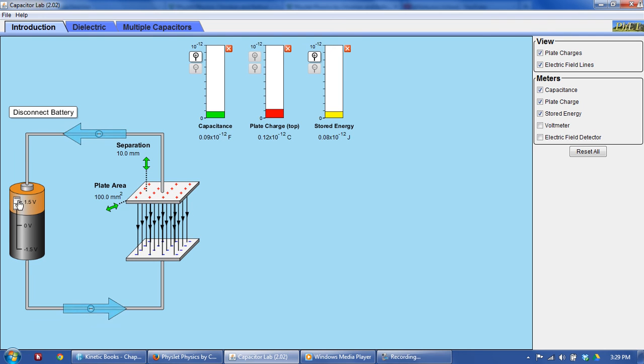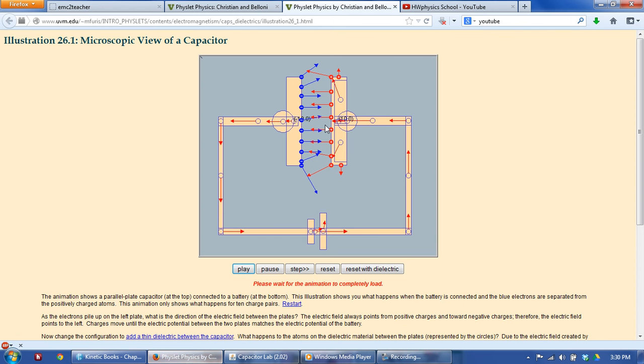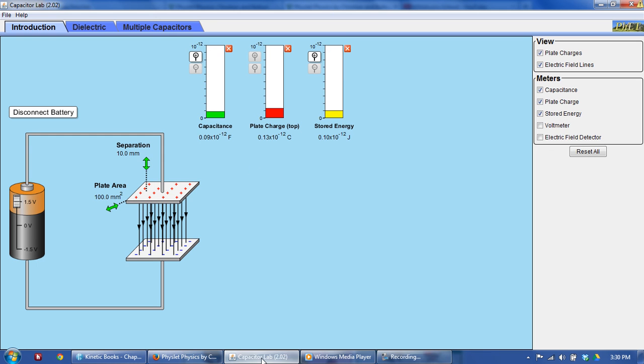And as I increase that amount of voltage, that amount of potential difference, just like I was doing over here, I applied a potential difference. This simulation shows it right away. I get a greater separation of charge, the greater the potential difference, and I get a greater amount of stored energy.